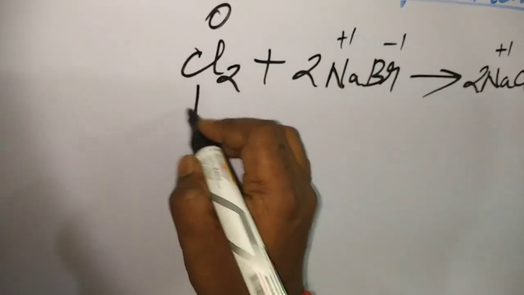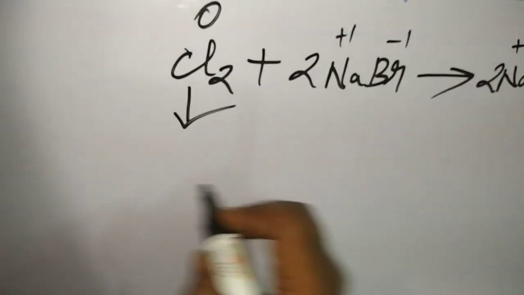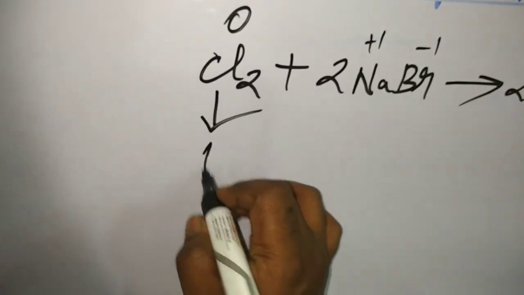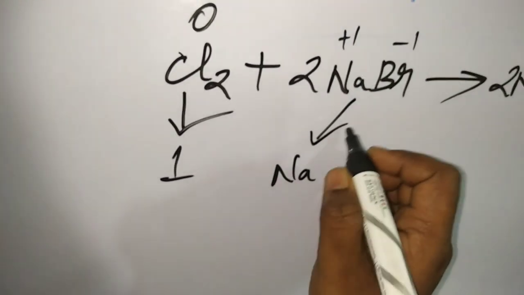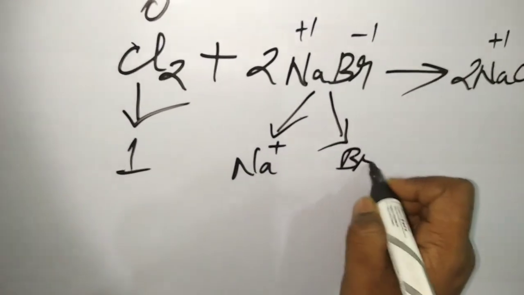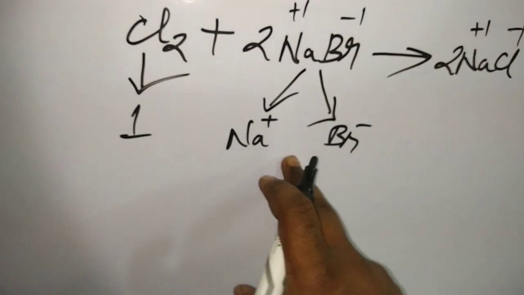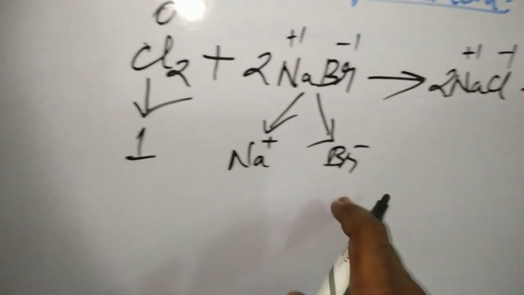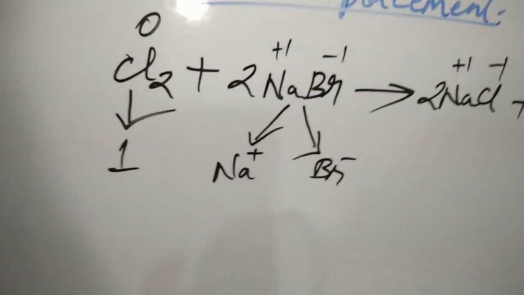Chlorine will accept the electron. How many electrons? 1. Sodium bromide will break down into Na+ and Br-.